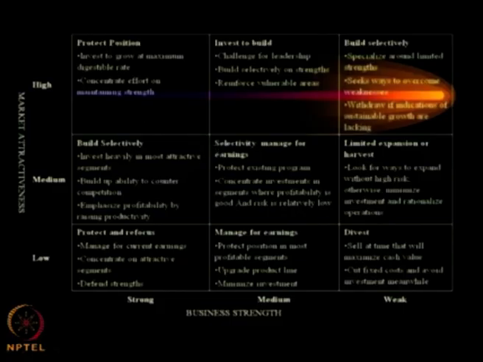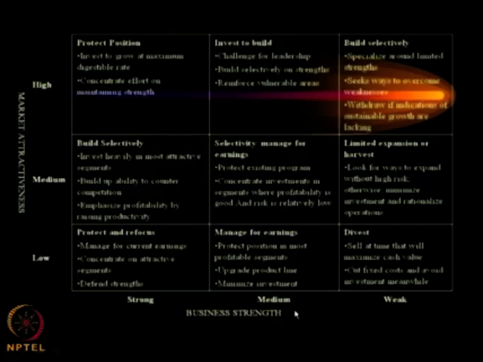Now, similarly, suppose your business strength is medium, but the market attractiveness is very high, then what should be the strategy? It is a challenge for the leadership. So, the leadership should try to cash in on this and try to bring this business strength also to a strong position. So, you have a market attractiveness which is high, but somehow the business strength has been medium.